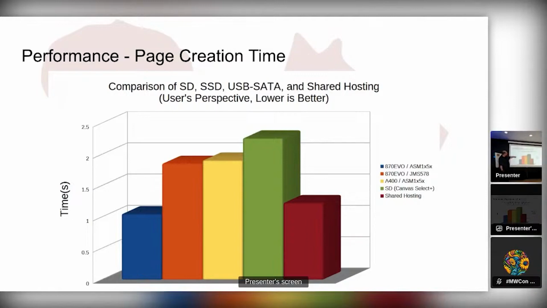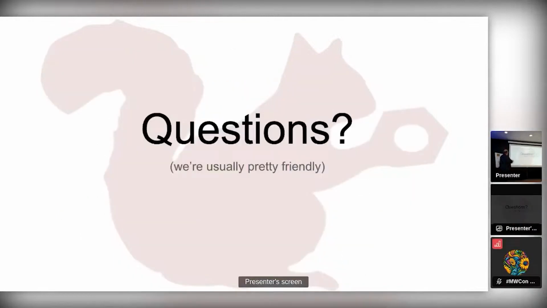And the one on the farthest right there is the shared hosting that Tino's talking about. It's not too bad, but it also varies widely based on how the internet is at any particular point in time. And that is pretty much that. So if anybody has any questions, we're here all week.